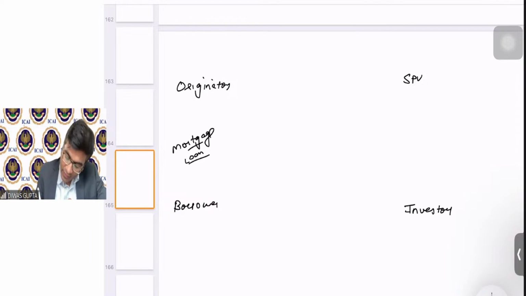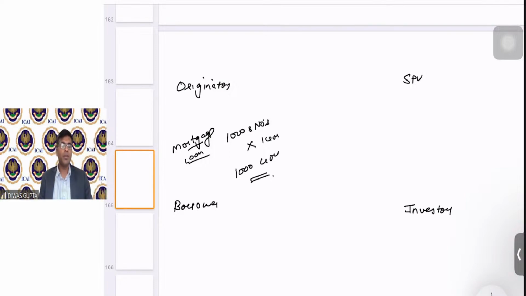We said, let's say we have given loans to 1,000 numbers multiplied by, let's say, 1 crore each. So this is a loan book value of 1,000 crores. So 1,000 loans we have given to 1,000 different individuals who are borrowers in such a case. And 1 crore was the individual loan amount, and hence 1,000 crore is the loan book value.